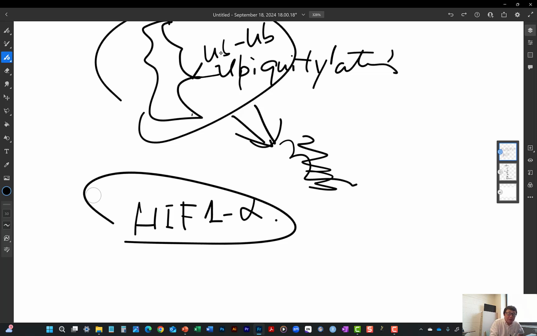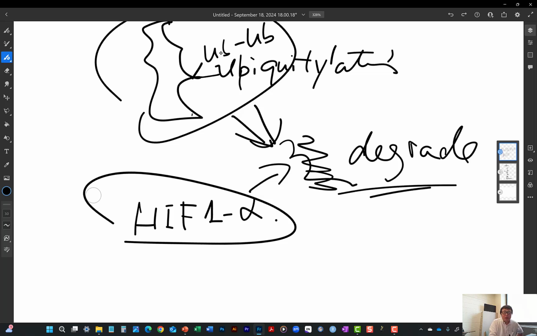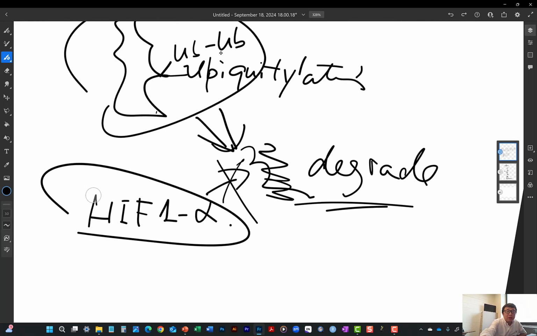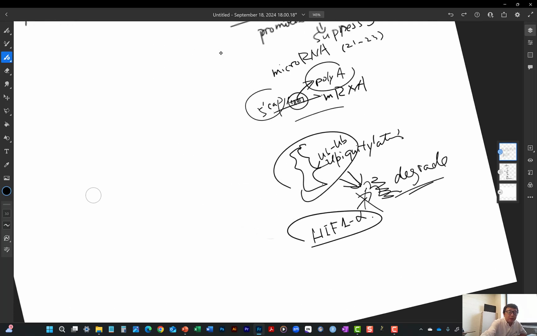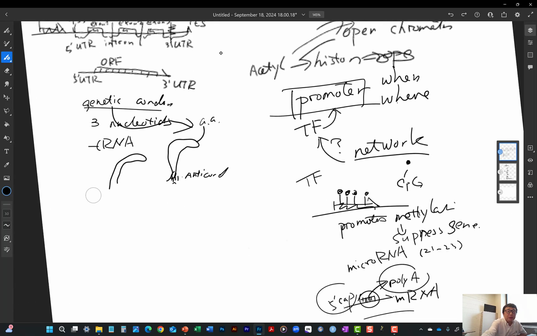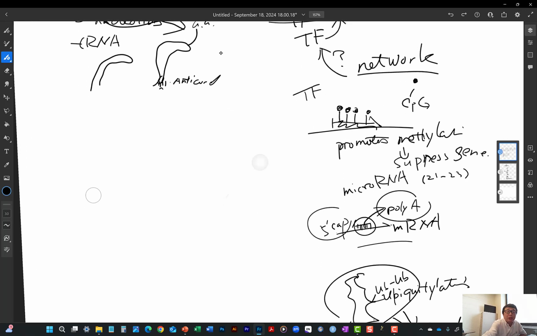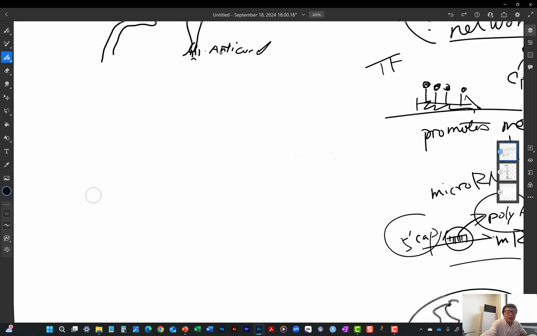And in this case, HIF alpha keeps being ubiquitinated and degraded when the cells have enough oxygen. And then for a fast response to the hypoxic condition, whenever there's no oxygen, HIF alpha no longer gets degraded, and this HIF alpha stays to help the cell survive in a hypoxic condition.